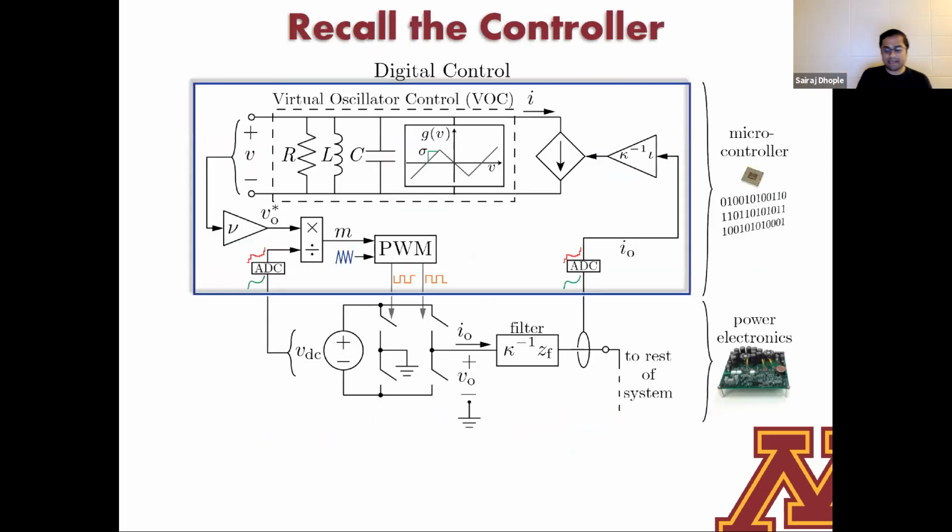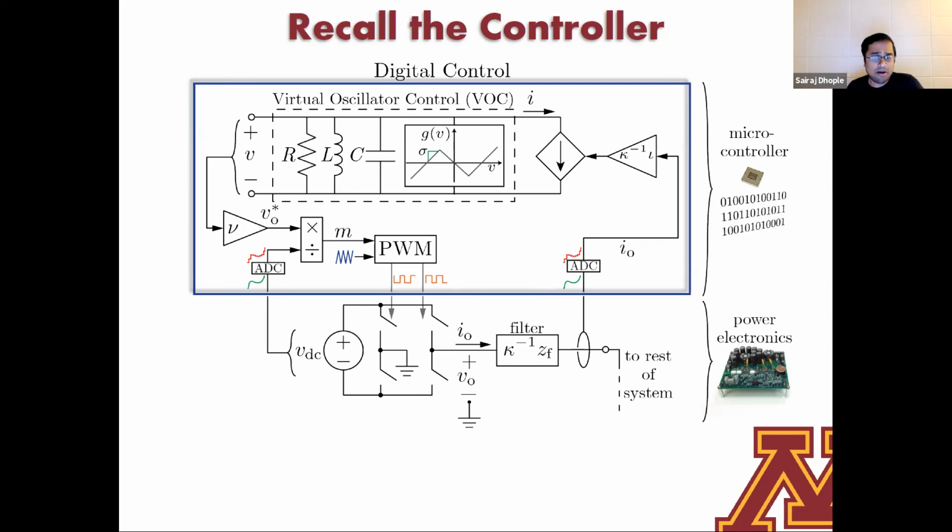So let's go back and see what happens when I connect all of these units in a particular network. I'll take you back to this realization of the virtual oscillator. Again, remember, we are just taking the dynamics of this. It's a second order system with some nonlinear elements, but I can eventually discretize all of that using my favorite discretization rule, realize it as ones and zeros, program it on a microcontroller, and close the loop in the fashion that I described earlier.